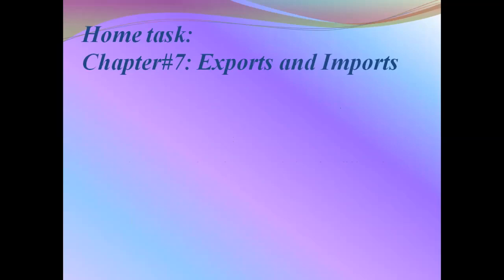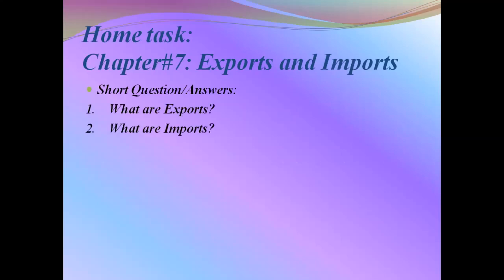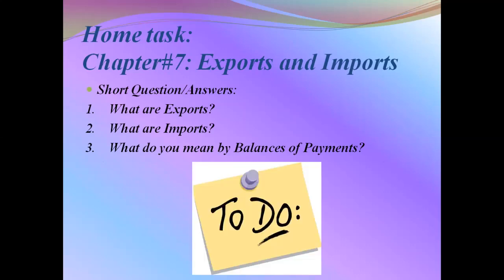The next is another home task from chapter number 7, Exports and Imports of Pakistan, because we have learned in this lecture what are exports, what are imports, and what do you mean by the balance of payments. You have to do these short questions in your neat notebooks.